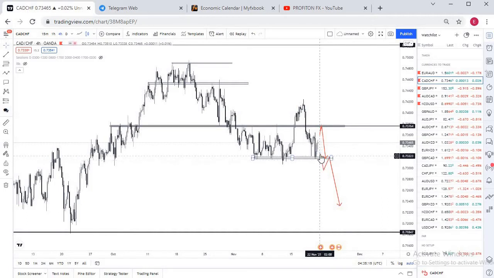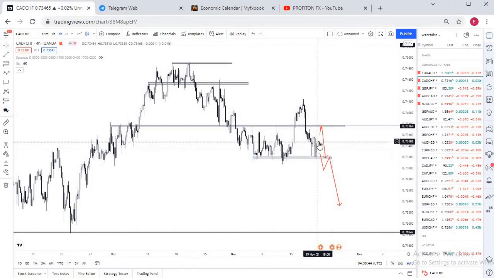So I usually prefer price rallying down, making it clear that we have broken this level clearly, and then a retest, after which I usually look for possibly double tops or multiple rejections, and then I get a confirmation, probably a bearish momentum candle in this case, and then I go short from that.